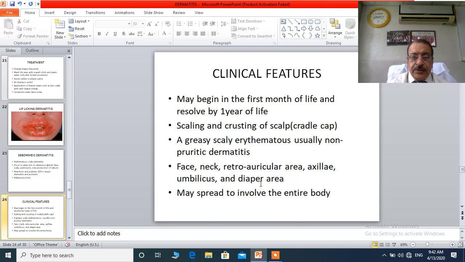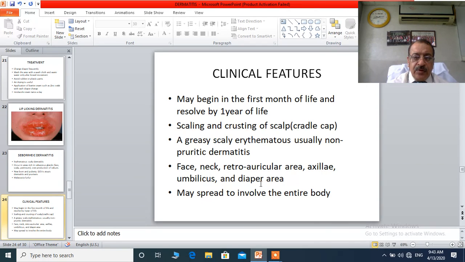The clinical features of this condition are that it may begin in the first month of life and resolve by 1 year of age. There will be scaling and crusting of the scalp. Sometimes it is so extensive over the scalp that it covers almost all the scalp, and this is known as cradle cap. The scales are greasy and the area looks erythematous.